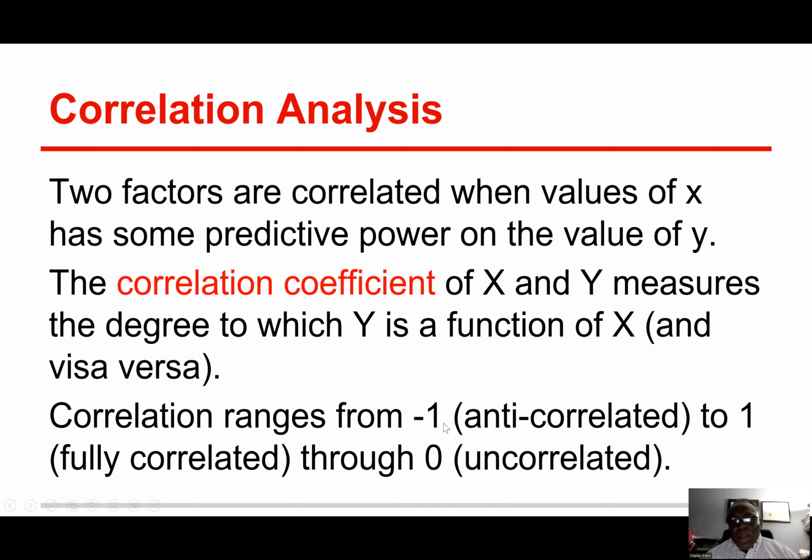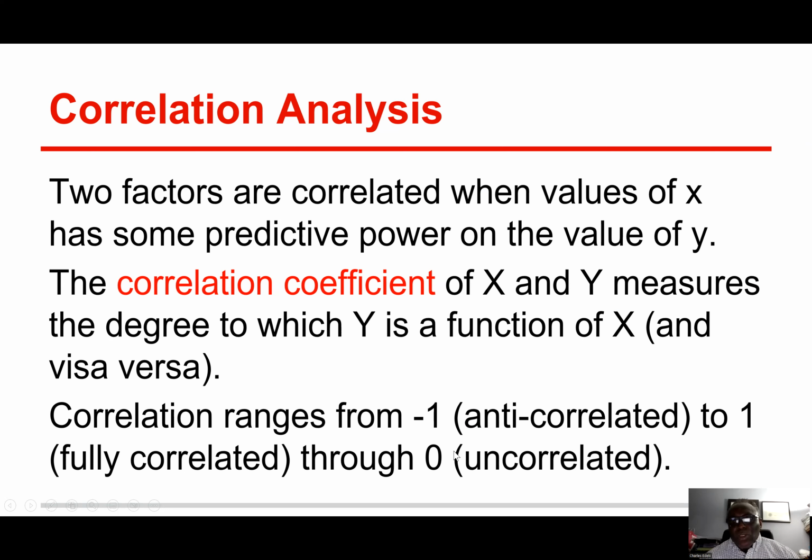Now, when it's -1, we normally say there's a decreasing relationship, which means, for example, if X increases, Y would decrease. Now, if it's +1 or close to +1, we say they have an increasing relationship, which means if X increases, Y also increases. For example, the more cigarettes you smoke, the higher chance you have to get lung cancer.